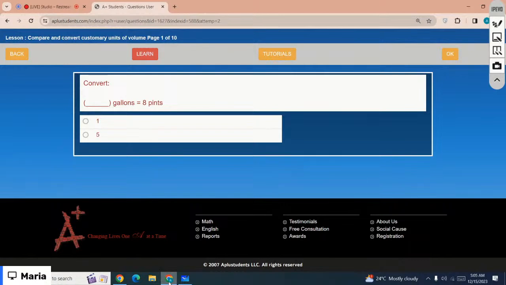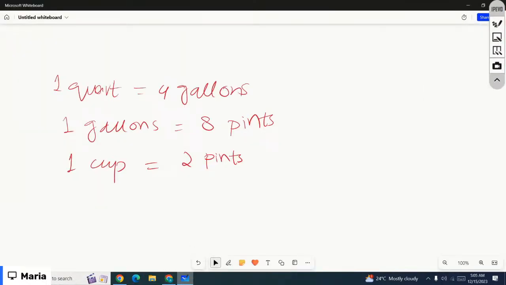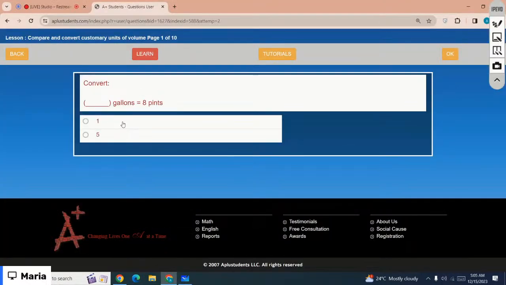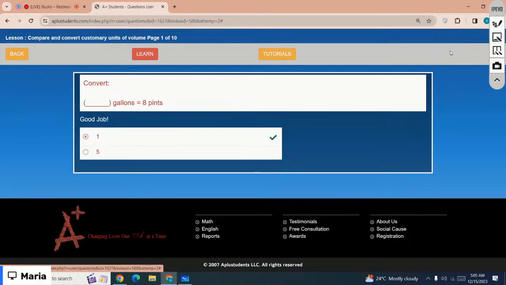The correct option is 1 gallon equals 8 pints, right? You can see the board, I have already written 1 gallon equals 8 pints. So the correct option is 1 gallon.